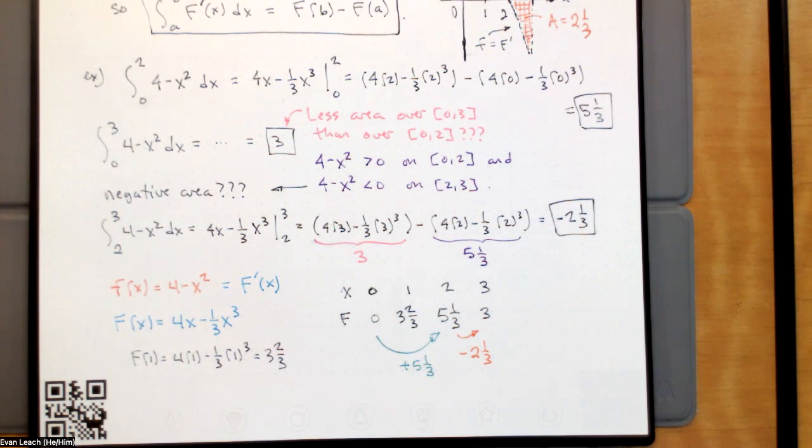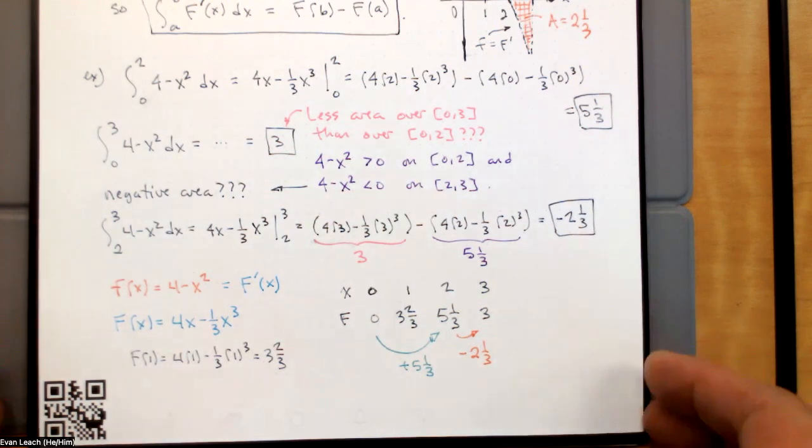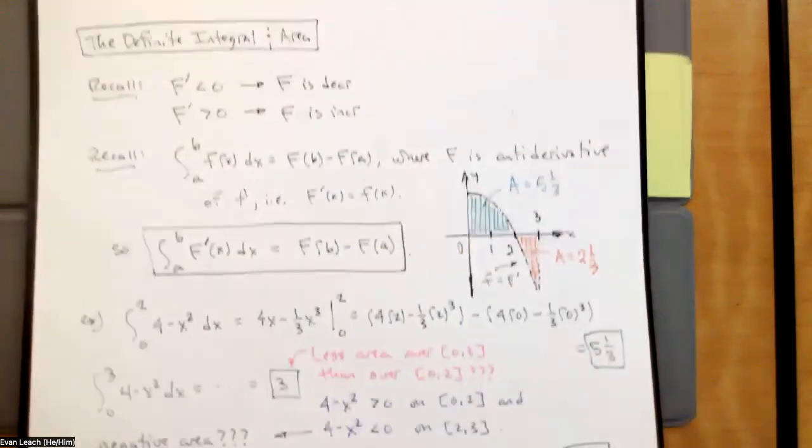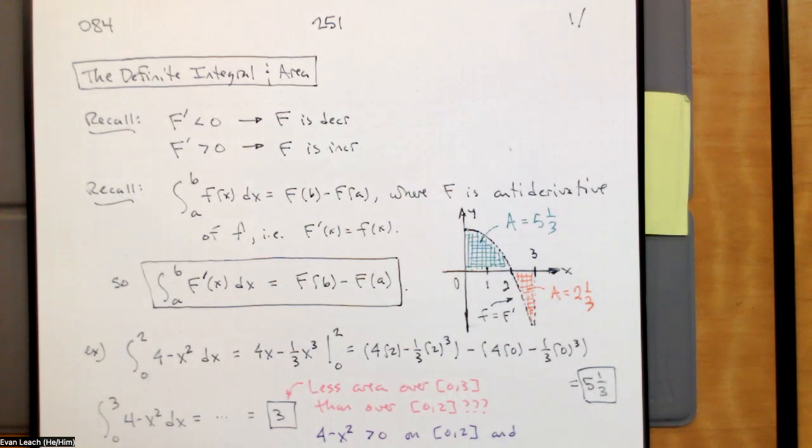So we can add to what we were remembering about sign and direction. When f prime is negative, the function is decreasing. The area will tell you how much the function decreases.